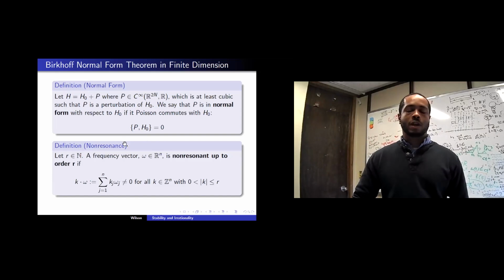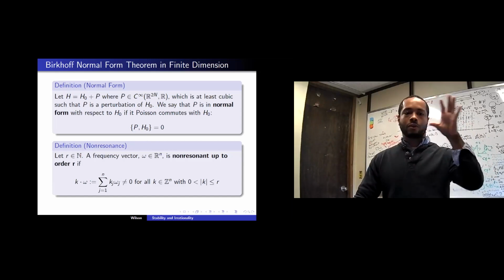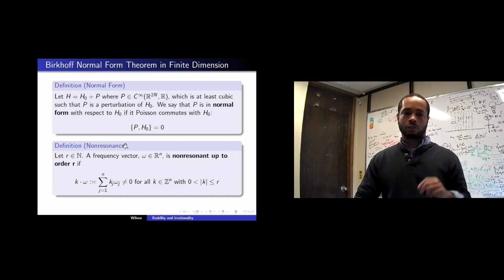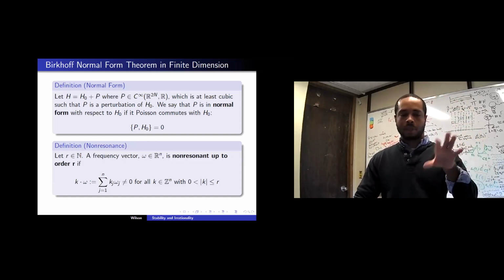a very important notion when it comes to dynamics of finite dimensional Hamiltonian systems, but also infinite dimensional Hamiltonian systems, is whether your dispersion relation or your frequencies that are associated with your quadratic part of your Hamiltonian. And I will admit that this is a very special class of Hamiltonians, with elliptic fixed points at the origin. But okay, that's a different story.